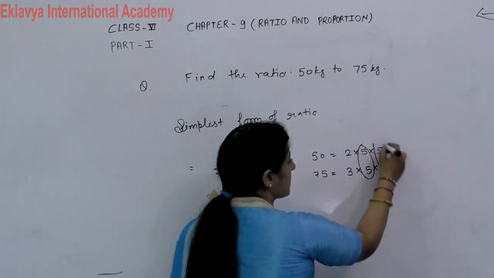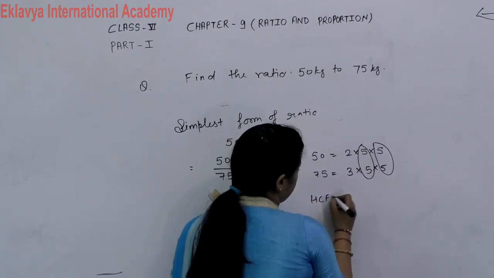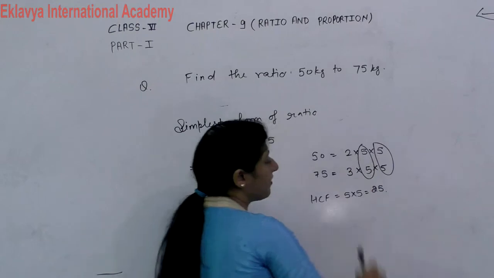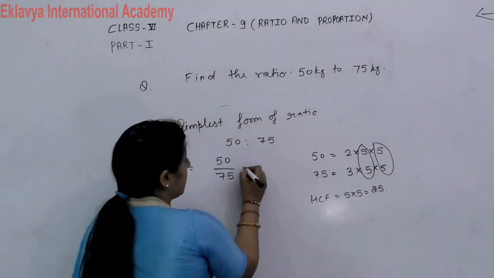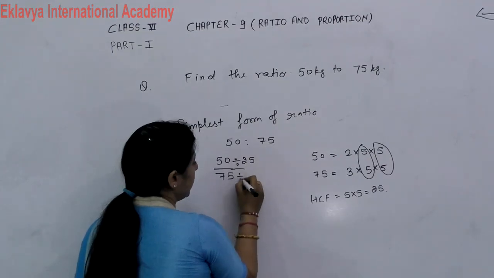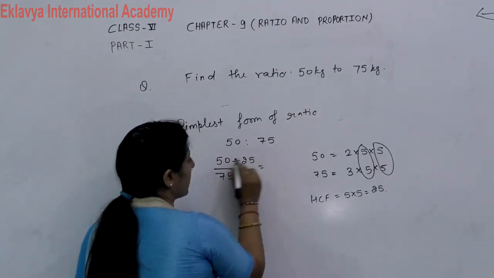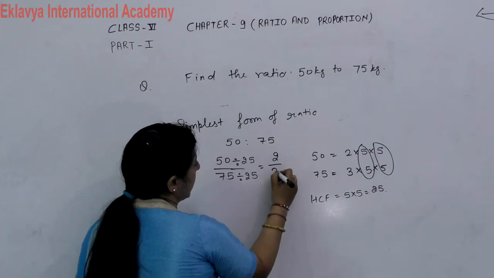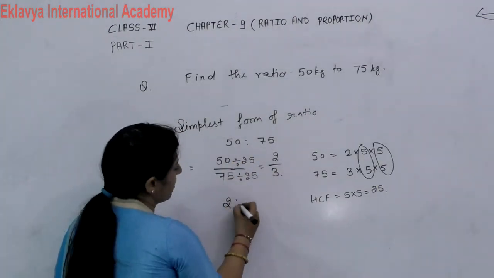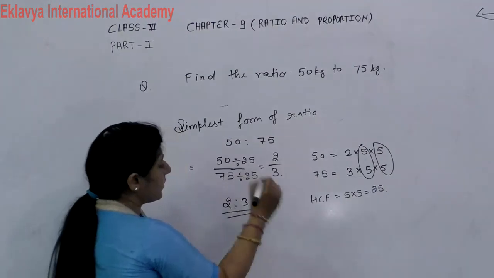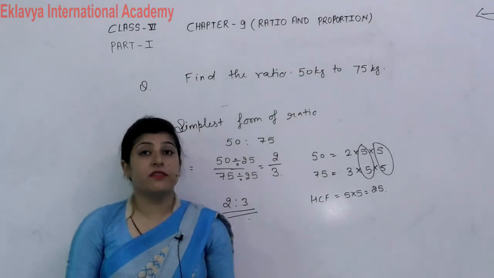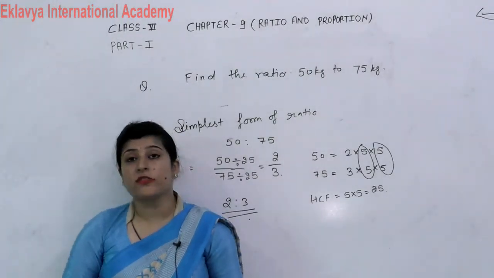It means what is the HCF? 5 into 5 is equal to 25. It means both terms should be divided by 25, then you got 2 by 3. Now we can say the ratio of this is equal to 2:3.